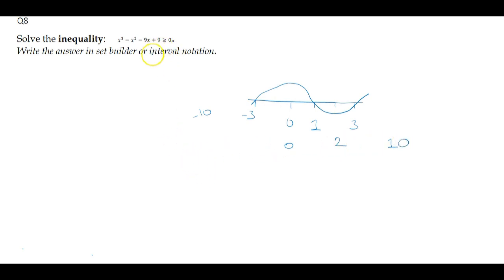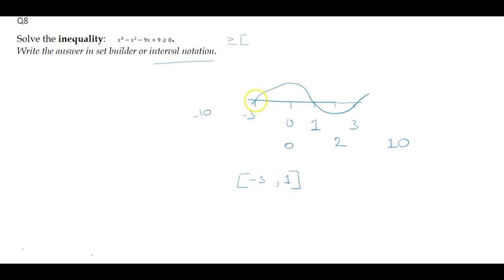So for our answer, we're going to give an interval notation. The piece that is above the x-axis, which is 0, is going to be between -3 and 1. Because we have this symbol, it means we have to use a bracket. So it's going to be from -3 to 1.